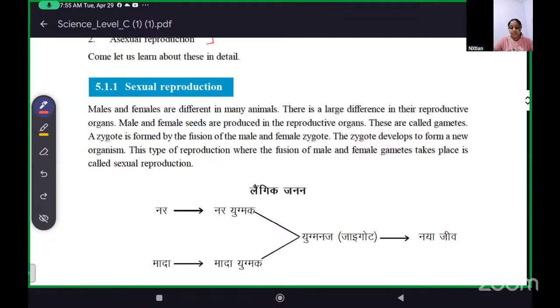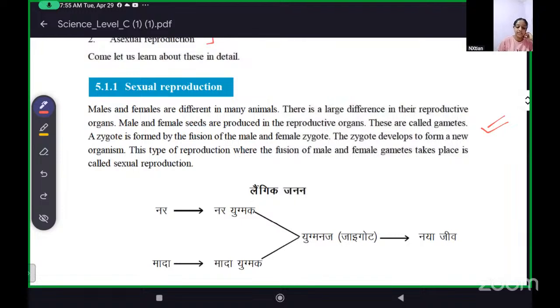What is the major difference in these two modes? In sexual reproduction, the fusion of the male and female gametes takes place, whereas in asexual reproduction, that does not happen. Okay, let's give this a read.